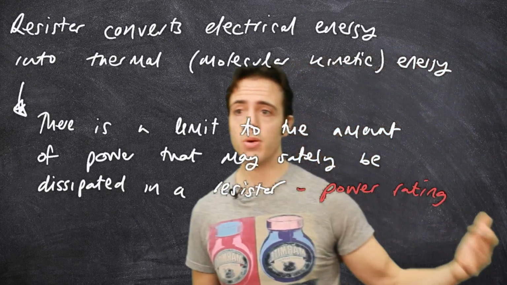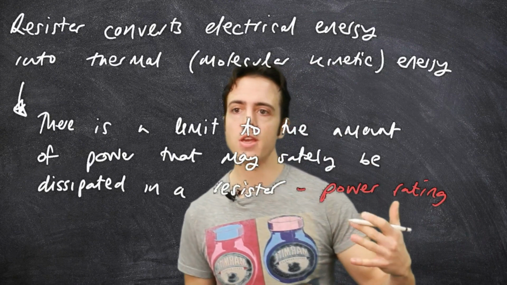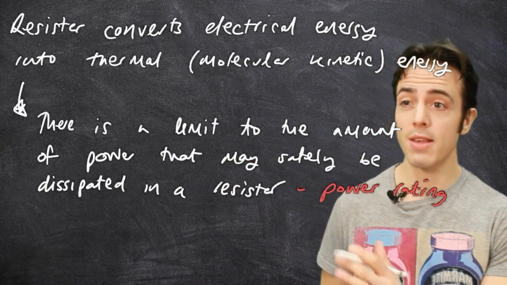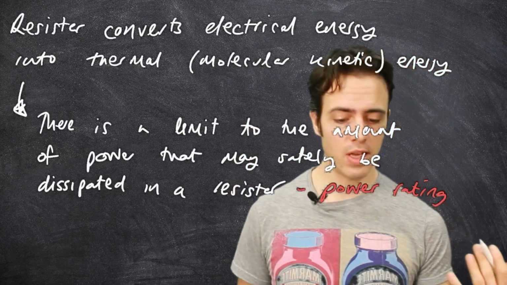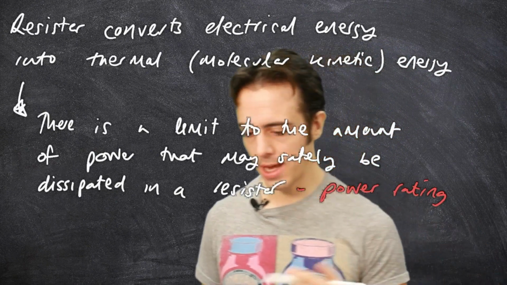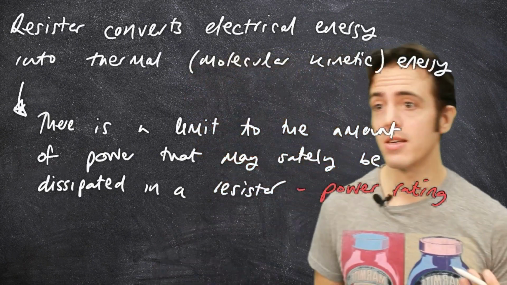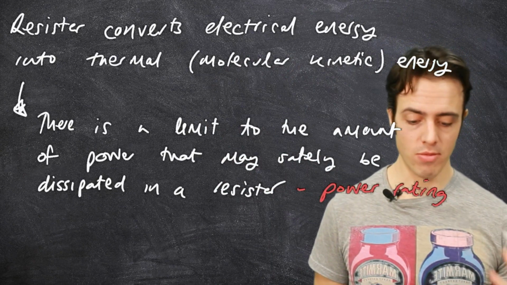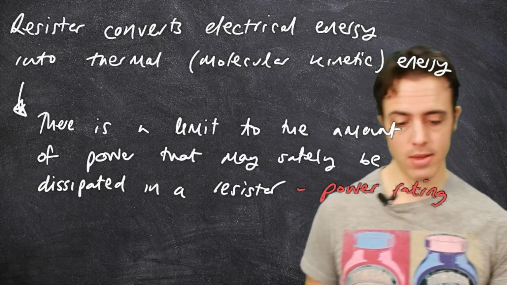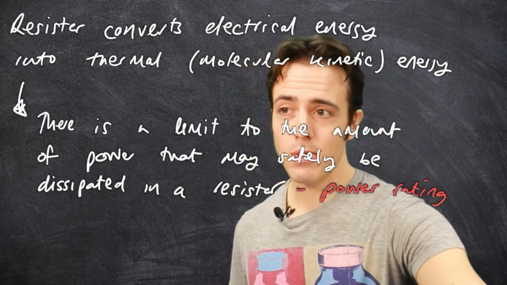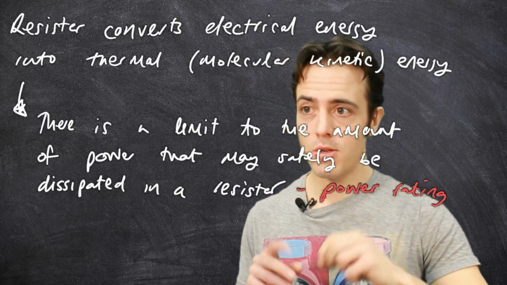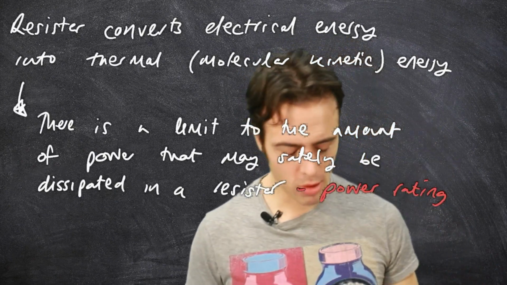It tells us that if we try to put more energy per second through the resistor than that, it can't safely convert it to molecular kinetic energy, and it's likely to fail at that point. So remember, things get hot, they are likely to melt and smoke. The first thing we're going to do is see what happens if we exceed that power rating for a resistor.